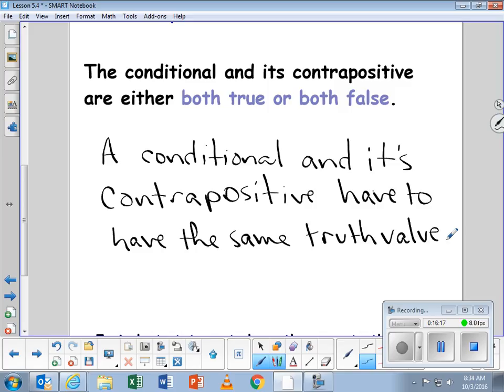If one is true, the other one's true. If one is false, the other one's false. You don't have to rewrite it. You don't have to analyze it. You don't have to think about it. If the conditional is true, its contrapositive is true. If a conditional is false, its contrapositive is false. That's not true with an inverse or a converse, but that's true with a contrapositive.